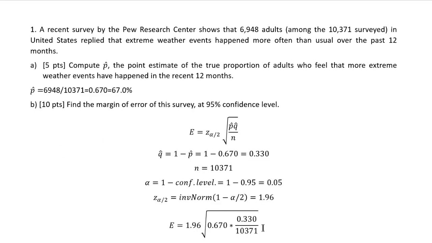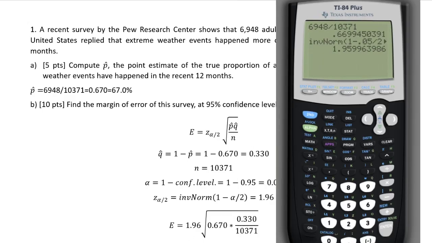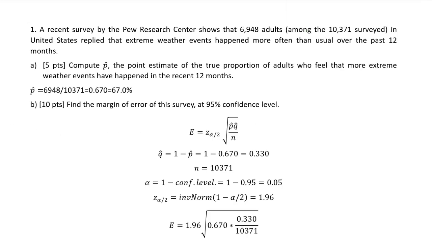If you use the calculator to find that, let's see, 1.96 times the square root of 0.670 times 0.330 divided by 10,371, I get 0.00904, which is like 0.009.